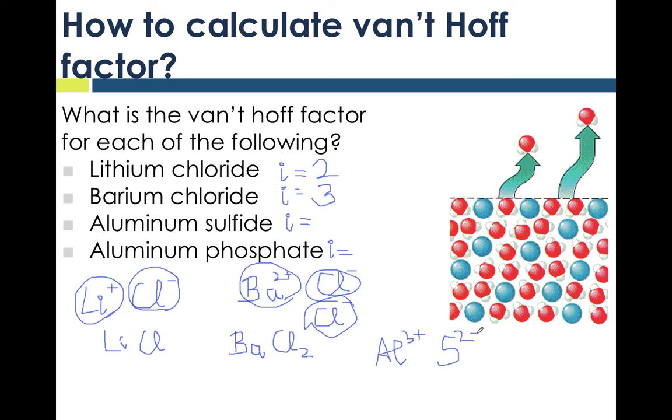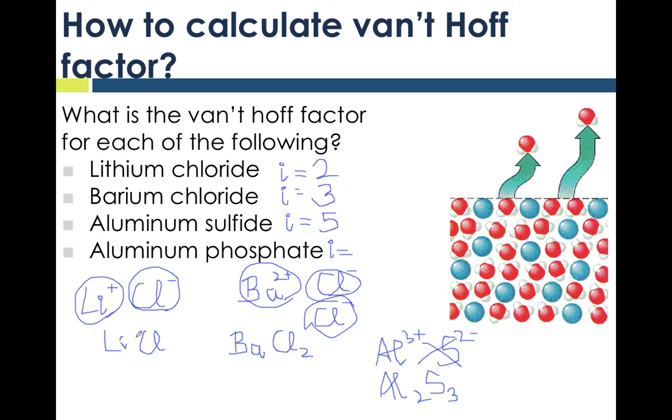If I do my crisscross and move my charges in opposite directions, I get the formula Al2S3. If you count how many particles Al2S3 has, I have 2 aluminum particles and 3 sulfide particles, so now I have a Van 't Hoff factor of 5.